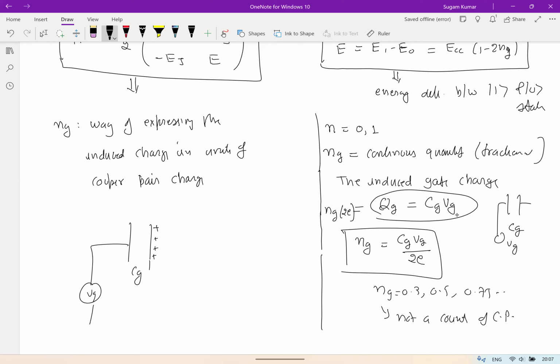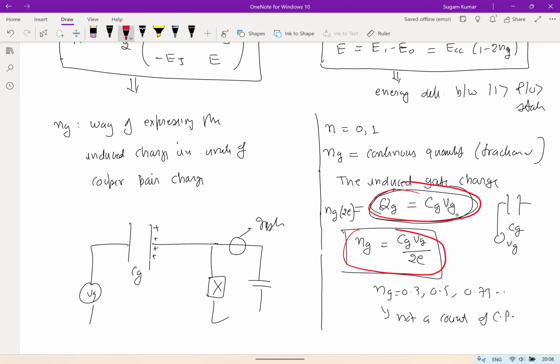So when you connect this power supply with a capacitor, and this is also connected with our island, then this is going to induce charge QG, this much. And the unit of such charge is going to be 2E.